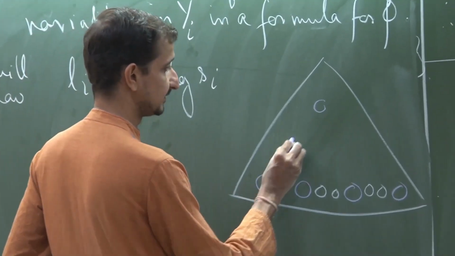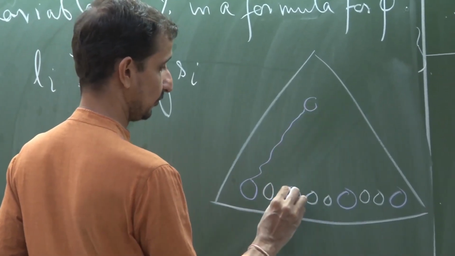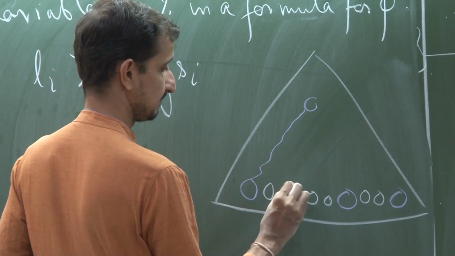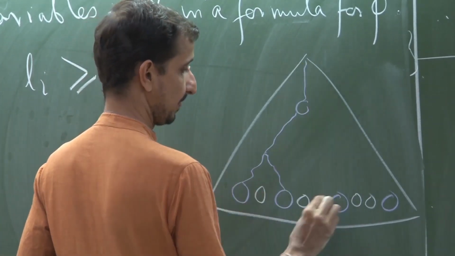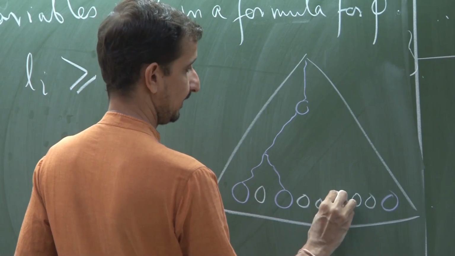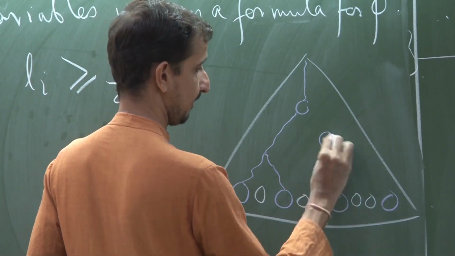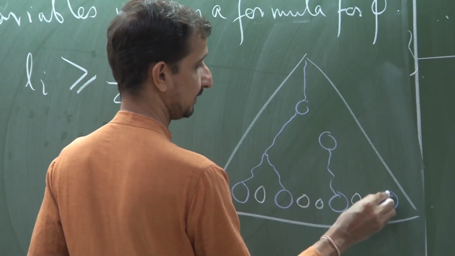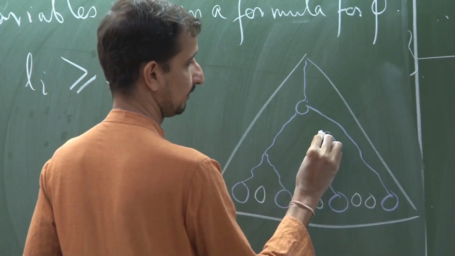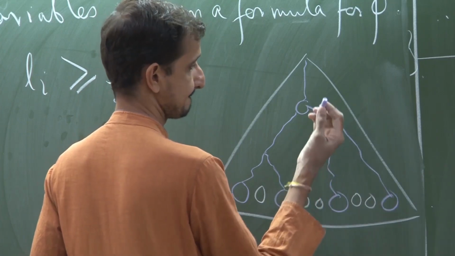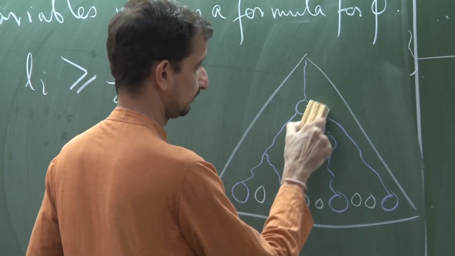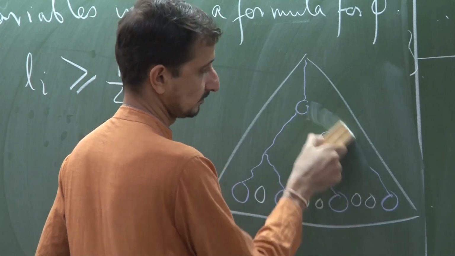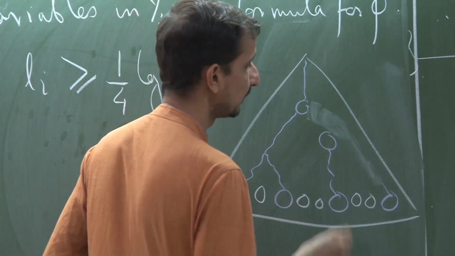Okay. Suppose this is a path which goes from a leaf to the root node. This is another path which is going to the root node. Here I have maybe some other path. Okay. It is a binary tree.